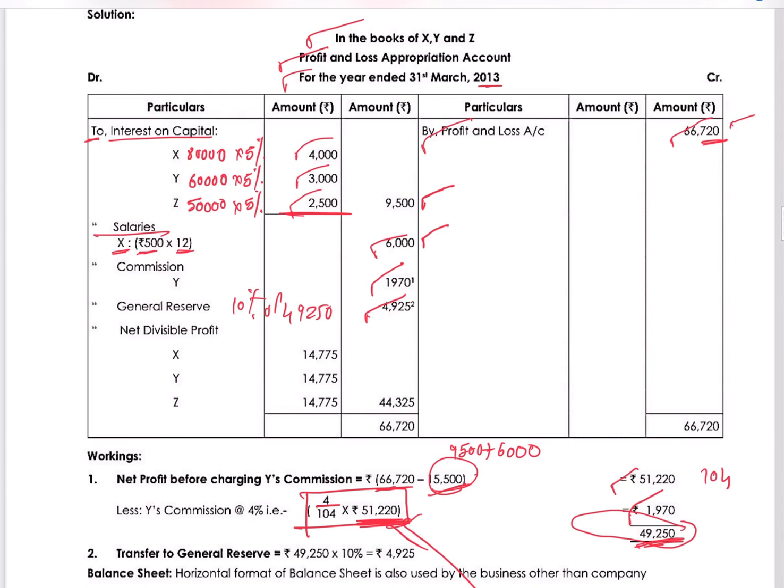So now we will close the P&L ledger, and we find that the credit side is heavier and the debit side has a balancing figure of 44,325, which will be distributed to X, Y, Z equally, means 1:1:1, which they have done here.